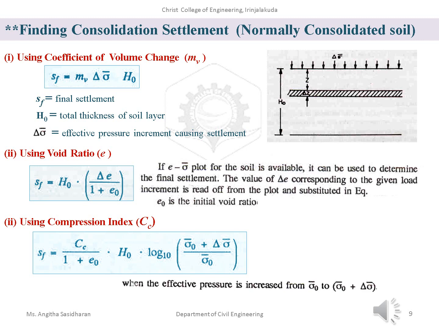So SF is equal to CC divided by 1 plus E0 into H0 into log to the base 10 of sigma 0 plus delta sigma, that is the final effective stress, divided by the initial effective stress, when the effective stress is increased from an initial value to the final value. So remember all these three equations, it is very important.